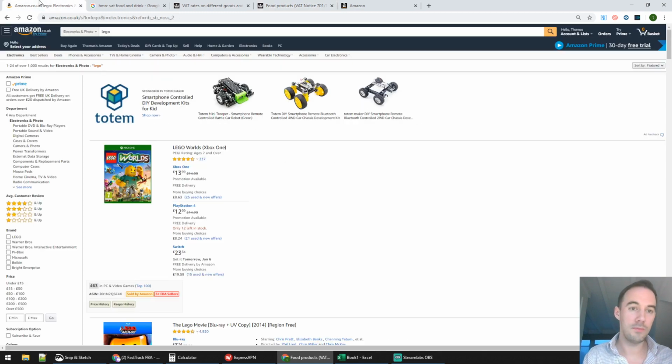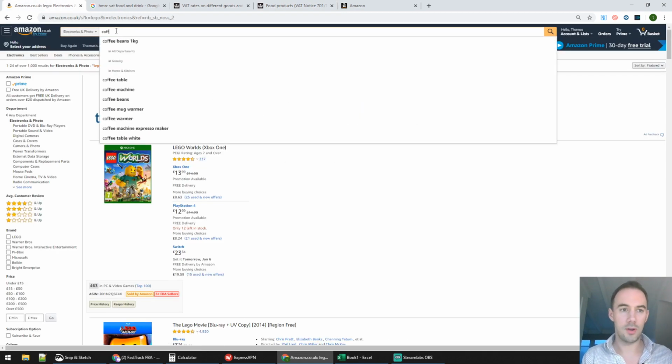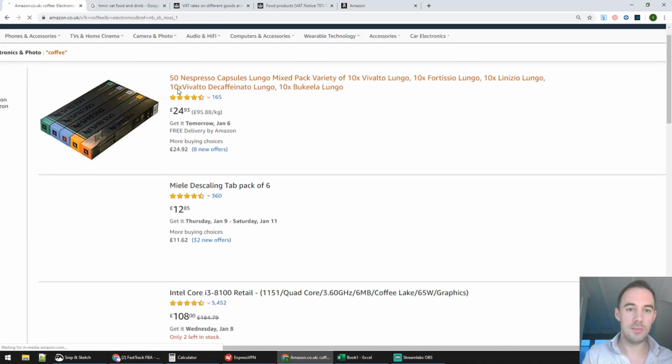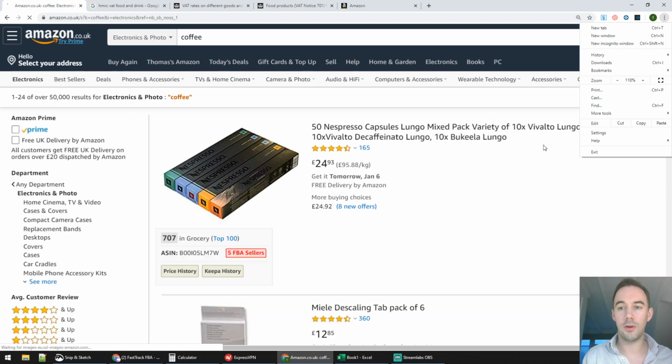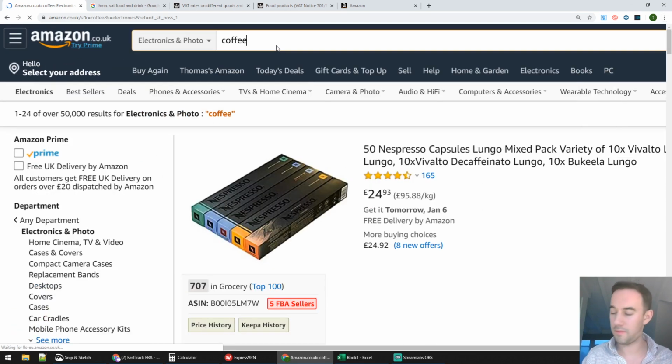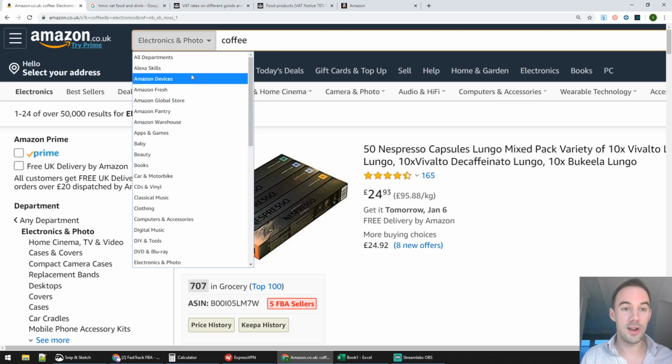So for me, if I go into coffee, my God, let me zoom in because this is really small. When I'm looking at groceries, there are a couple of things I look at. Let's go to coffee, not in electronics.